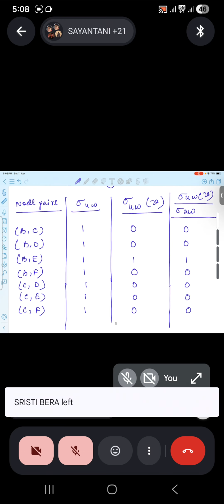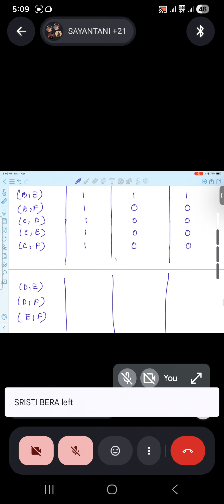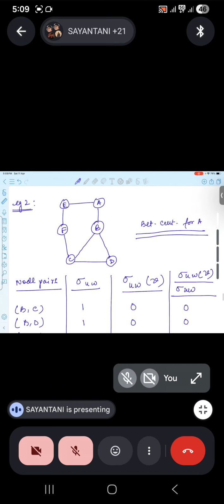Now coming to D to E, look at the diagram carefully. For D to E, you have two shortest paths, one from D to B to A to E. This is path number 1, right? And again from D to C to F to E. This is path number 2.